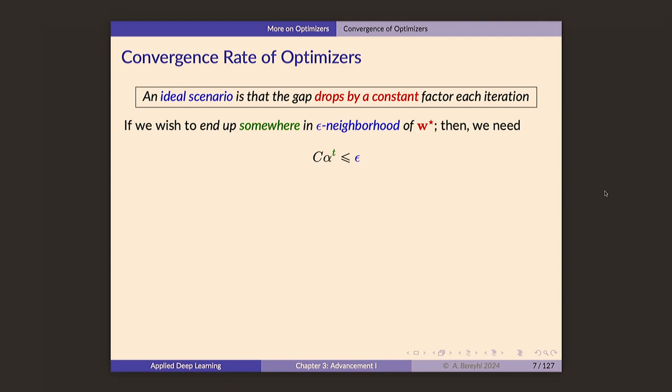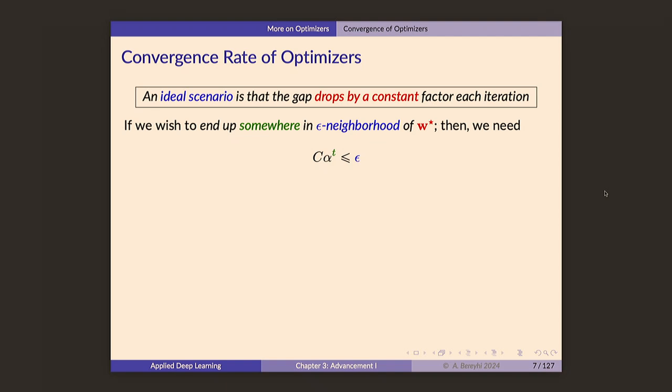Now, I need to know how much time I need. So I'm going to first take the logarithm of both sides. I write log of C plus log of alpha to power t smaller than log of epsilon, correct? Now, can I take that t out?